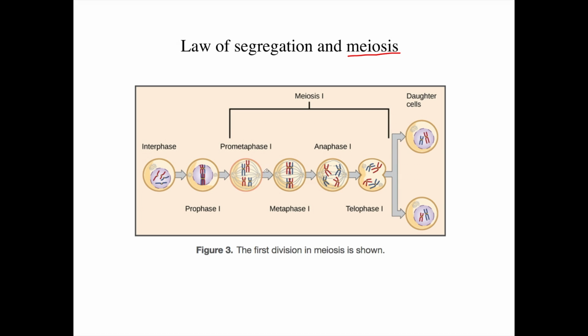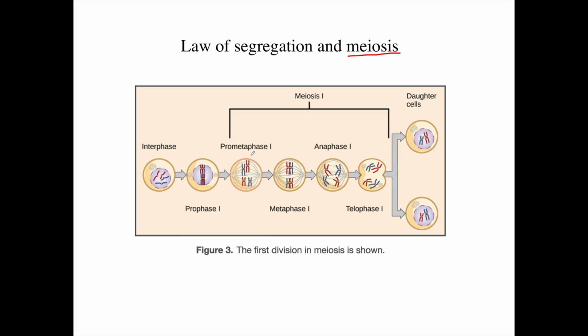During meiosis 1, the homologous chromosomes line up at the center, and during anaphase 1, they are separated from one another. And then during the second division, you're going to get daughter cells and separate the sister chromatids. But it is during meiosis 1 that you're separating the 2 copies of the gene.